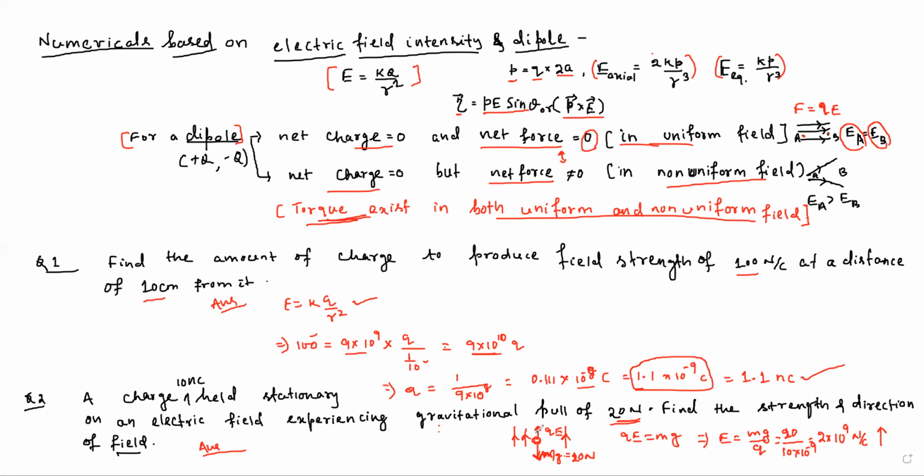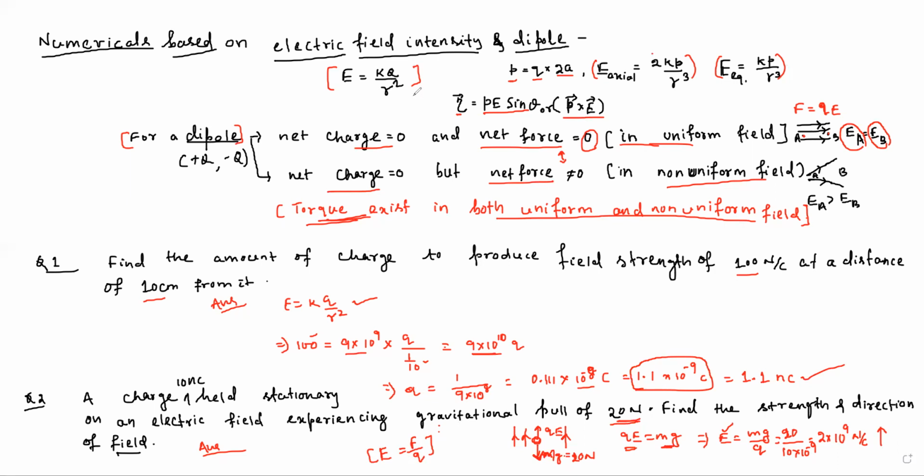Stationary means it is at rest in equilibrium position, so the two forces should be the same. From the electric field, we know E equals F by Q. The first definition is electric field strength is the force experienced by the charge. So force due to electric field is Q into E, which is equal to mg. So you can find here the value of E, electric field strength.